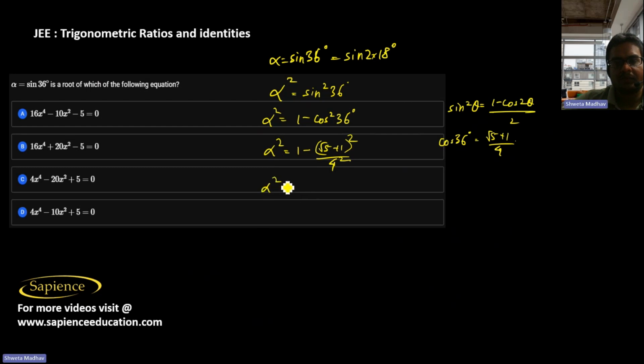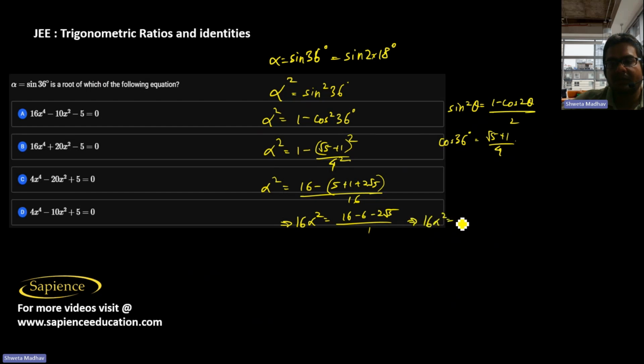So now alpha square will be equal to 16 minus, this I can write, 5 plus 1 plus 2 root 5, by 16. So it means 16 alpha square will be equal to 16 minus 6 minus 2 root 5. Okay, so 16 alpha square is equal to 10 minus 2 root 5.